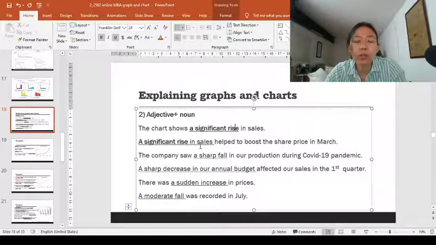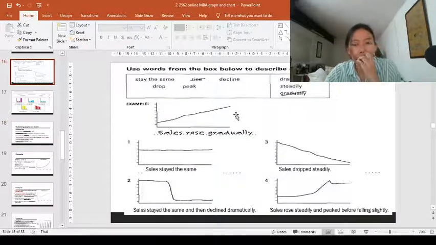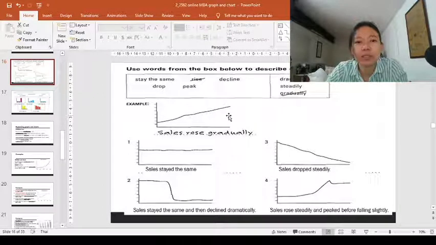So we are going to go back to the previous exercise, and I'm going to show you how to use a noun phrase with adjective and noun to explain a graph and chart. If we go back to this picture, in this picture we used a subject, verb, and adverb.